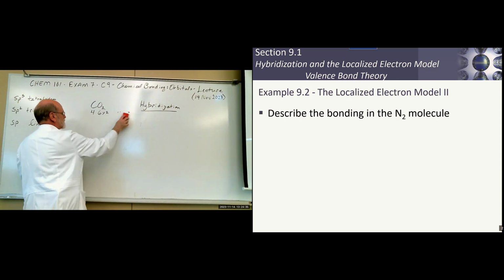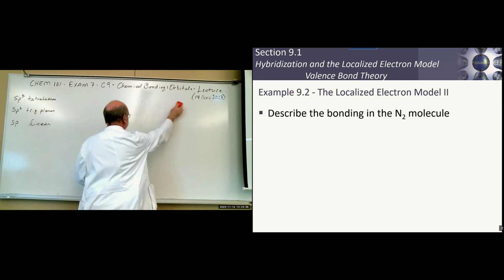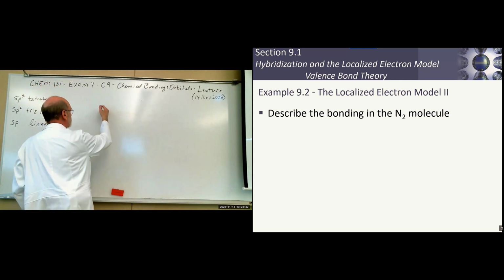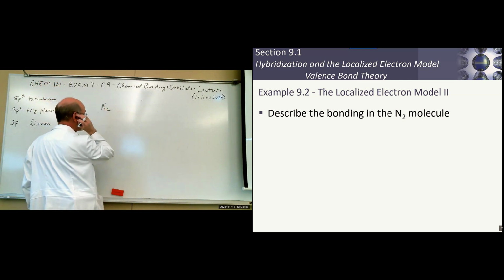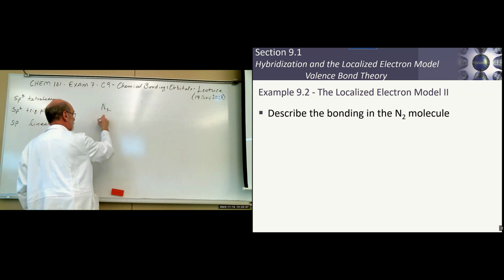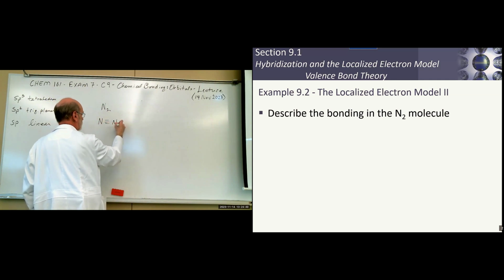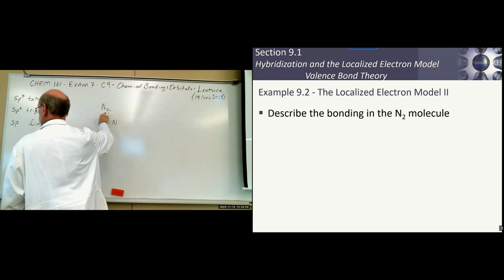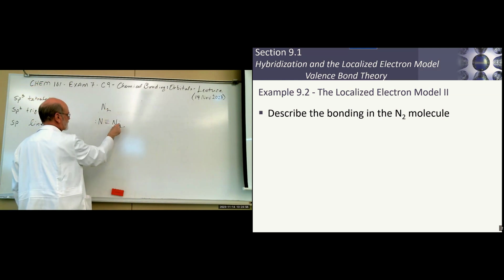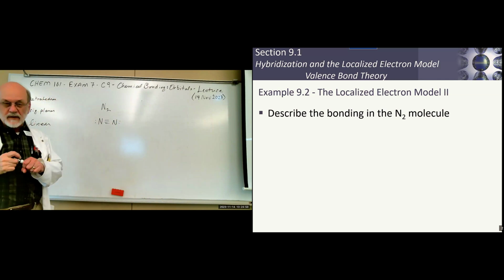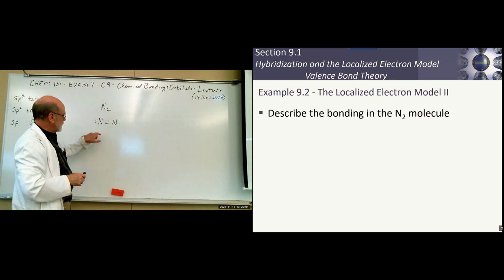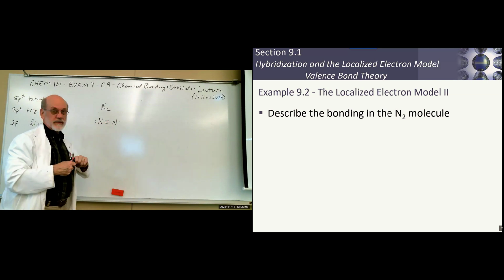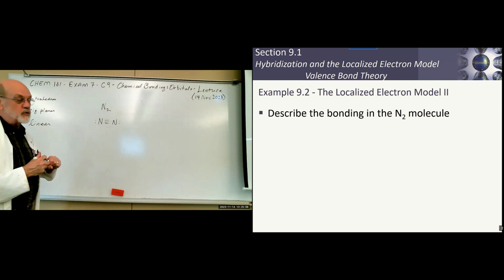Let's check out nitrogen. We've drawn nitrogen before. That should be 2, 4, 6, 8, 10. Okay, I got that one right. This is linear with respect to that nitrogen and that nitrogen, and it has 1 sigma bond and 2 pi bonds.